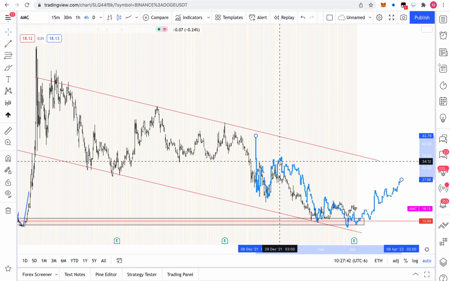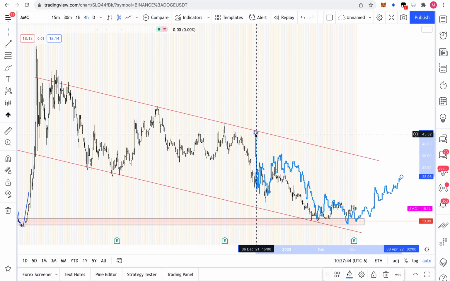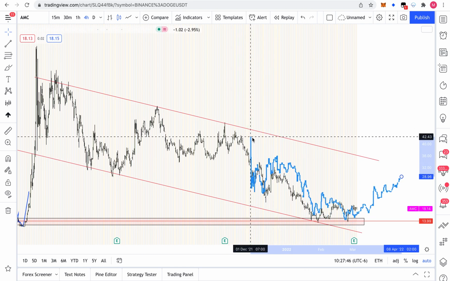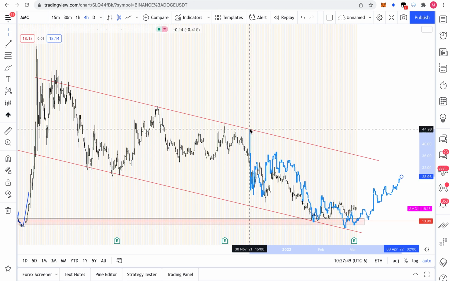So what we have to do together is band together as one force. There's millions of retail traders on these two stocks alone, meme stocks, right? They call them meme stocks. AMC is worth $13.99. It's not like it's a penny stock.